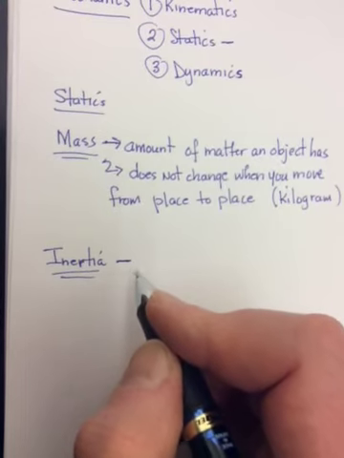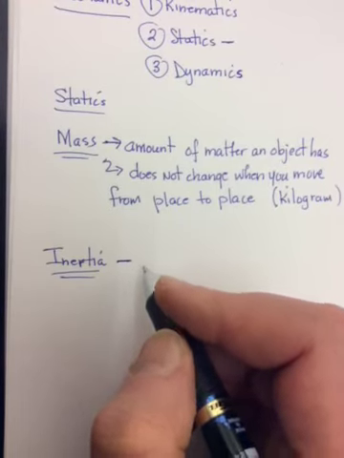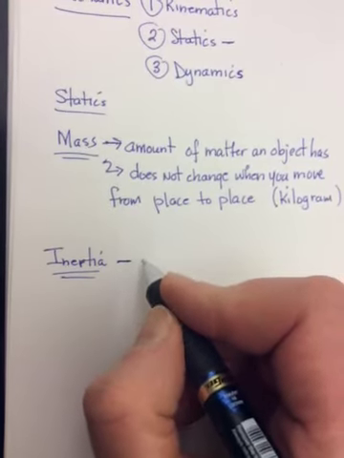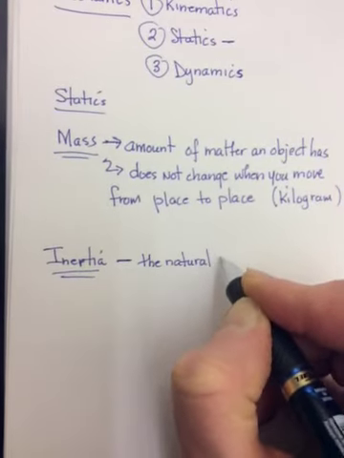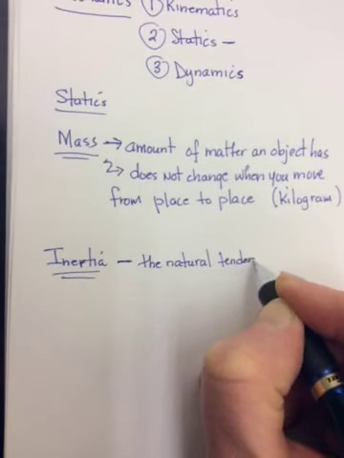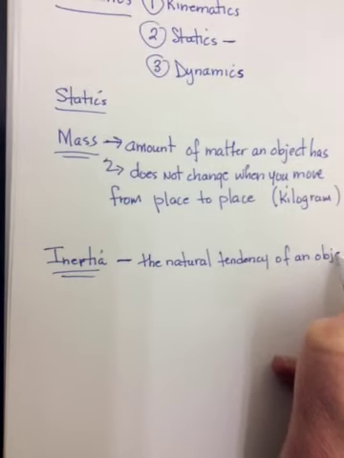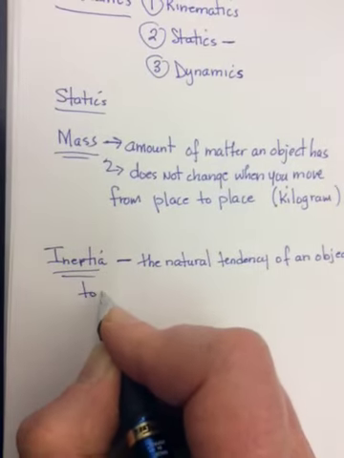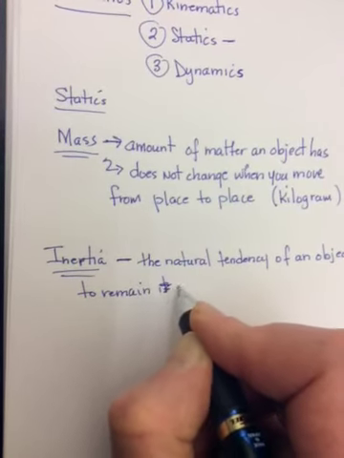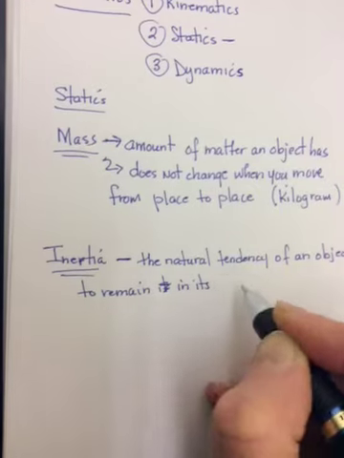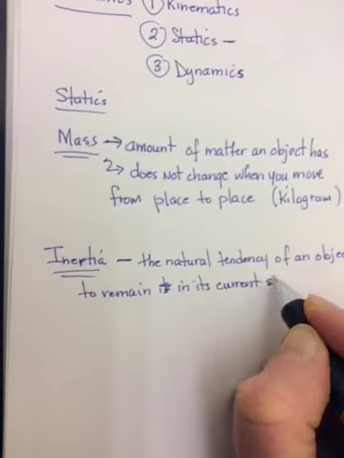Inertia is the natural tendency of an object to remain in its current state, whether that state is at rest or in motion. So the natural tendency of an object to remain in its current state of motion.